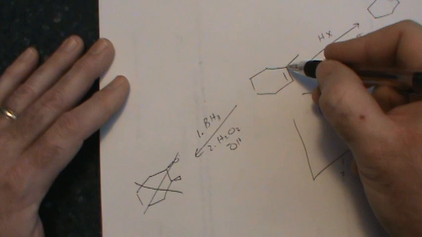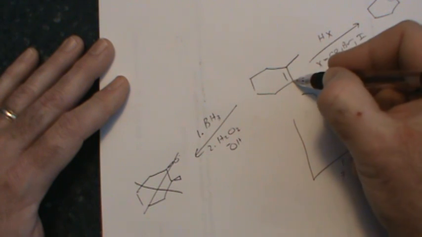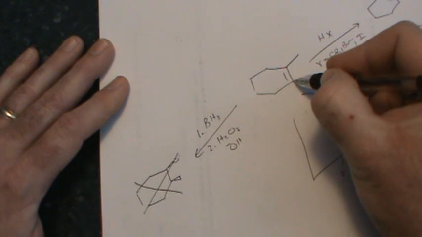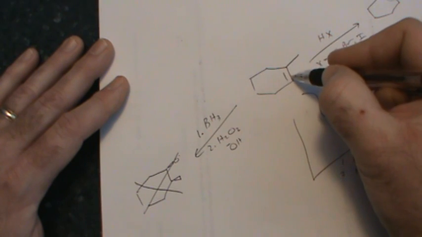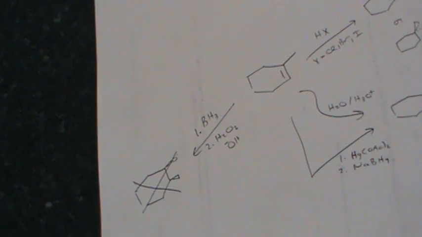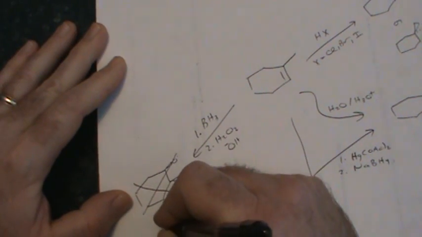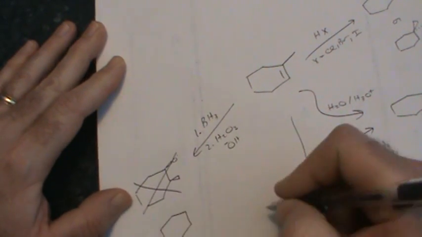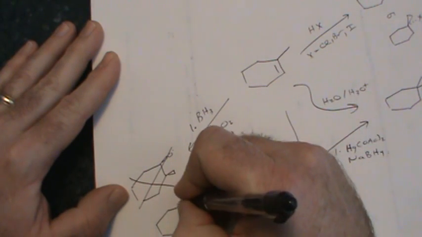If I show the hydrogen adding here and the OH adding here, I don't know if that's what I just said a moment ago, but that's what I need for an anti-Markovnikov hydration. Then in that case, I would get a structure that looks like this.